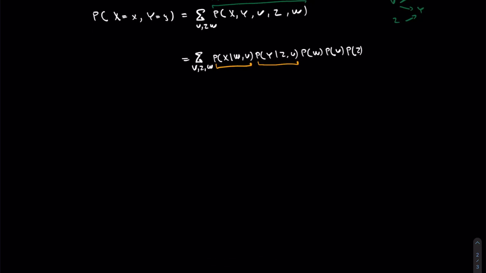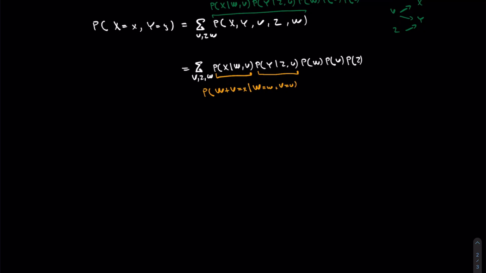So what is X? Let's write it out again. X is W plus V equals x, conditioning on W and V equals v. Here I've suppressed the equal to x, just left them implicit, but what I meant by these equations is that they're equal to their little values.